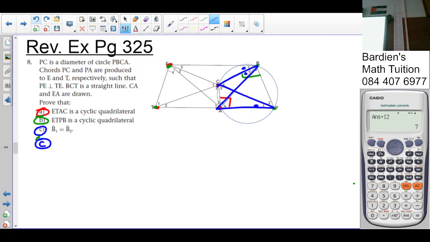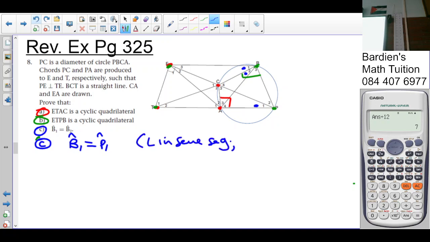I'm not going to bring out x in it yet. We're far in this chapter already, so keep our x out of it. So you say B1 is equal to angle P1. Why? Angle in same segment, and this is coming from arc ET. Then we say that P1 is equal to B2.